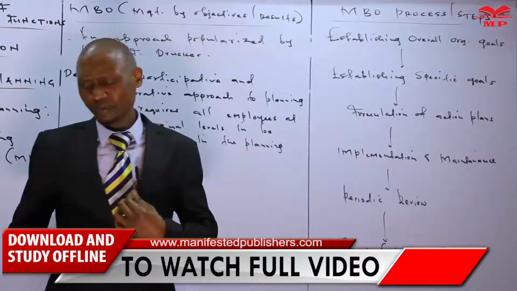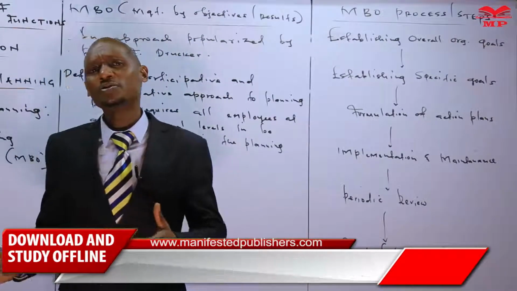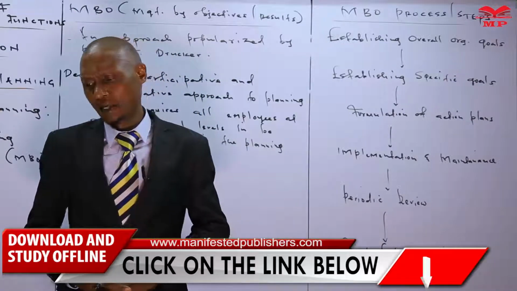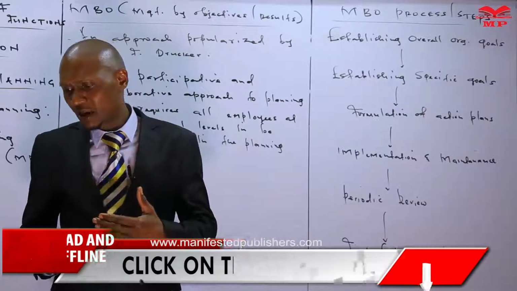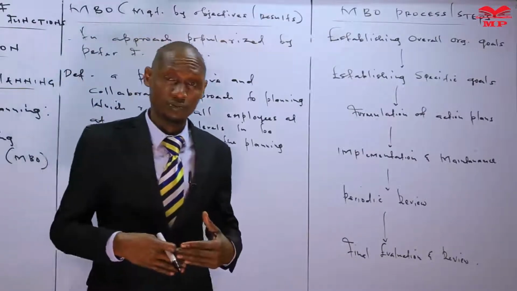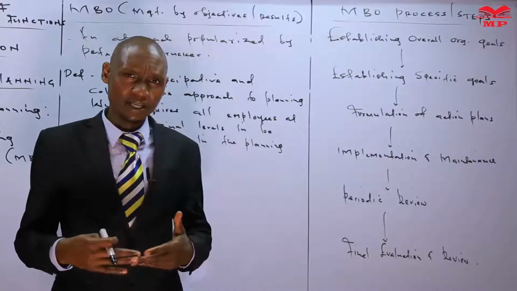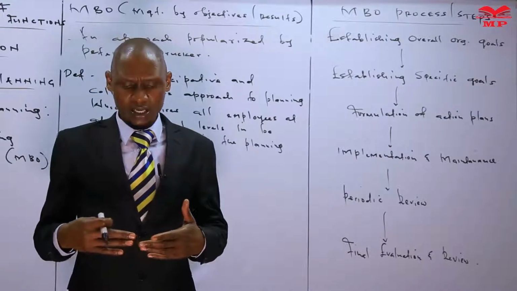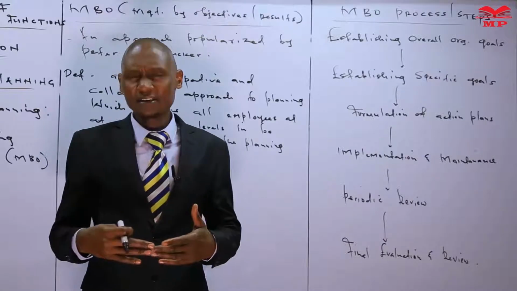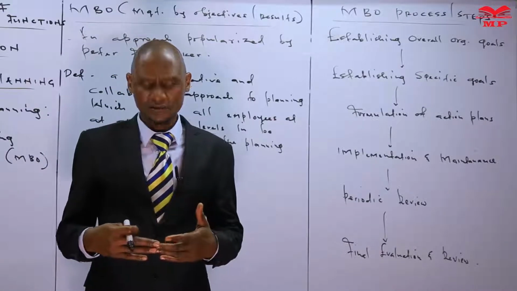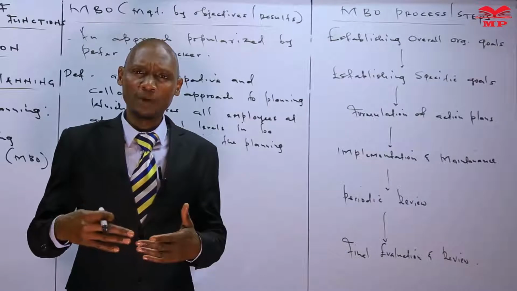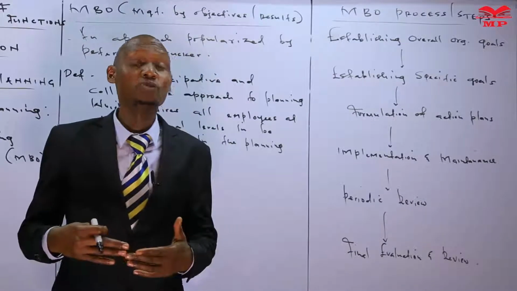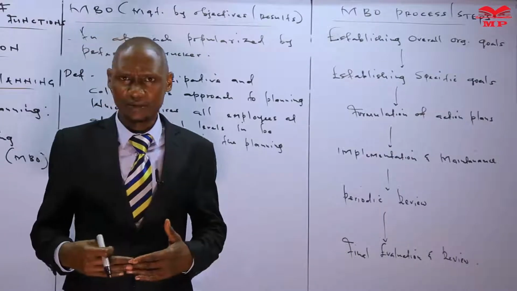Periodic review. As employees continue to implement their action plans, there is a need for a continuous review by both the employees and their managers to determine the extent to which the goals that they set for themselves are being achieved and the effectiveness of the action plans that they are employing to achieve such goals and objectives.